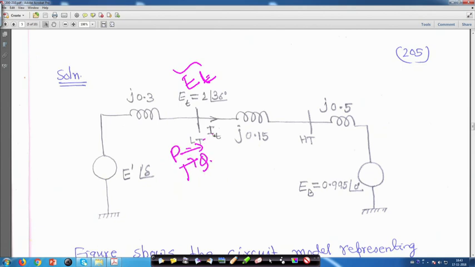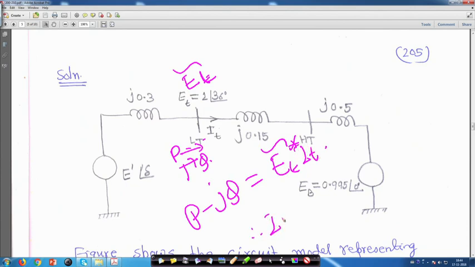From load flow studies, you know that the power injection P minus j q can be written as E t conjugate times I t, where I t is the current flowing through this. That means my I t will be P minus j q divided by E t conjugate, and P is given as 0.9 and Q is equal to 0.3.